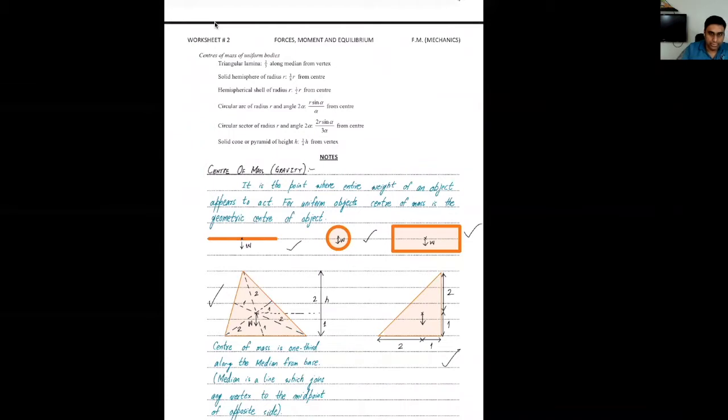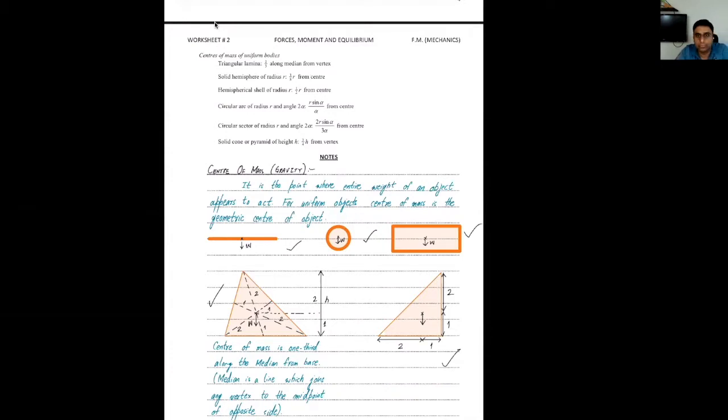So if it's a uniform rod, a uniform circle or a sphere, a uniform cube or cuboid or rectangular sheet, then weight would be acting right at the center. If it's non-uniform, you can't figure it out.